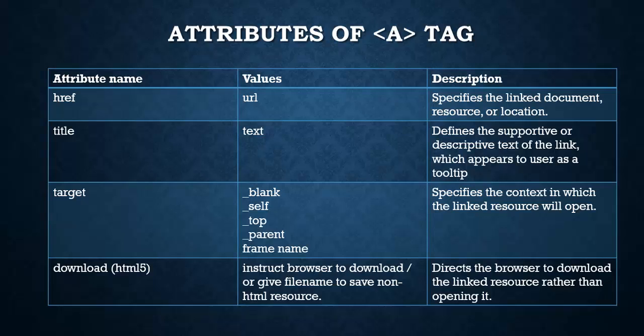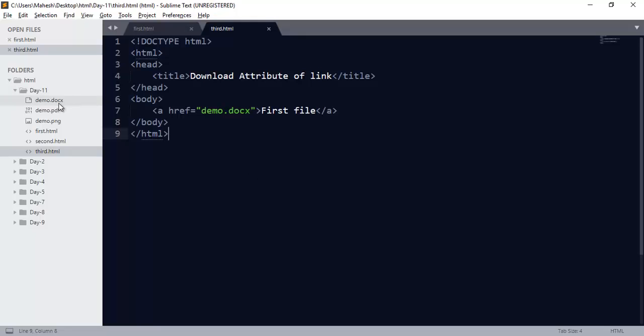Let's take an example to understand the download attribute. In this example, as you can see, I have linked a doc file named demo.docx, and I put this doc file in the same directory as the HTML file.